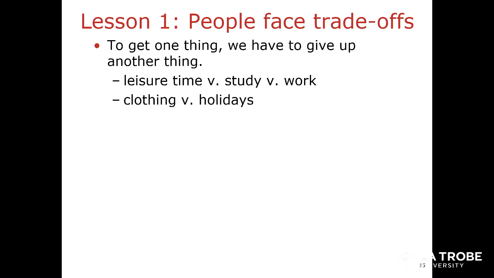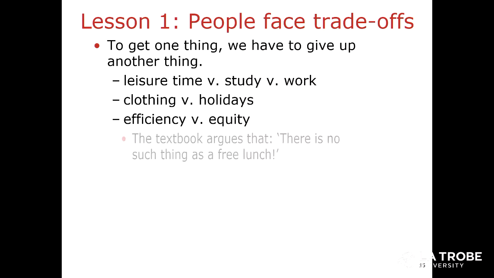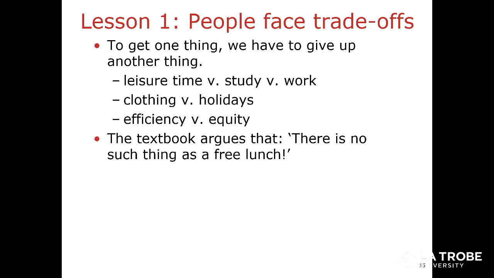And when I take leisure, I'm not earning anything, so I can't consume in the same way. When you have a budget constraint, you arbitrate: if I buy that, I can't buy that. So you have different arbitrage, and at the macro level, it could be arbitrage between efficiency, productivity, and equity, or things like that.